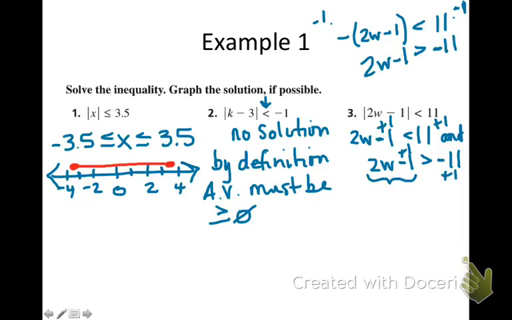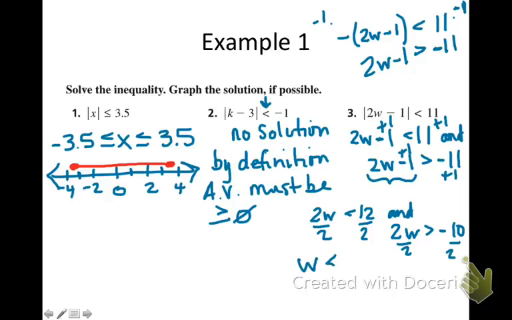So we can write 2w is going to be less than 12. And we also have 2w is greater than a negative 10. Now we're dividing by a positive. So w will be less than 6, and w will be greater than a negative 5.